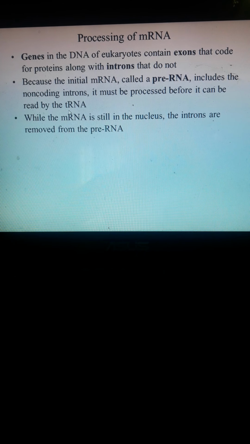So these introns are what we call nucleotide sequences, but they are not useless. Once the RNA is matured, they are removed. Okay? Because the initial mRNA, called pre-mRNA, includes the non-coding introns, it must be processed before it can be read by transfer RNA. Since it is non-coding, it has to be processed.